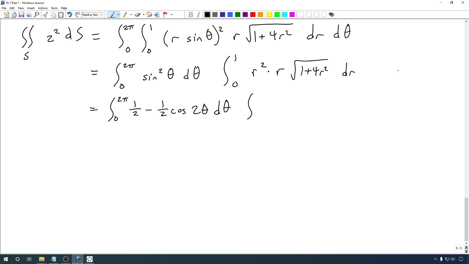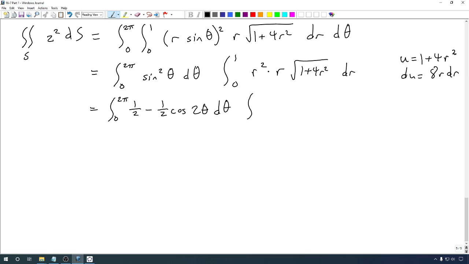For the r, I'm going to use the substitution, let's say u is equal to 1 plus 4r squared, which means that du is equal to 8r dr. So we have an r here, which will deal with one of these r's. For the other 2 r's that are here, we're going to take our initial equation for u and solve for r squared.